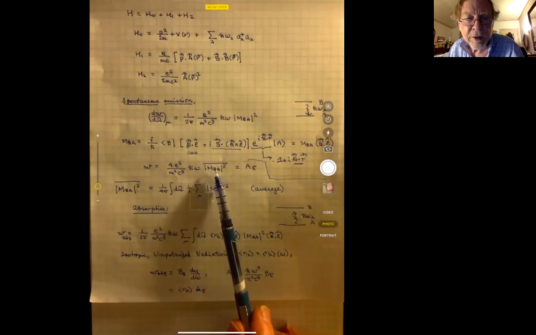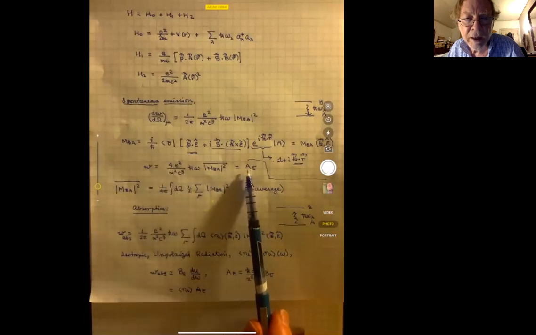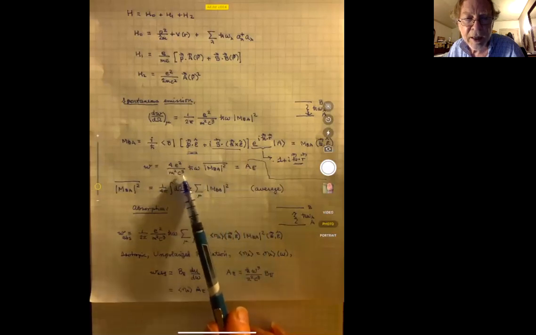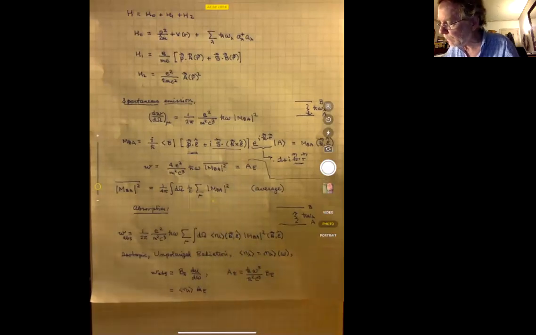So what I'd like to do is begin with the dominant term, which is the electric dipole term for the MBA, which we just worked out, plug that in here, do the angle and polarization average, and then end up with a useful formula for the Einstein A coefficient in the case of electric dipole transition. So let's do that now.